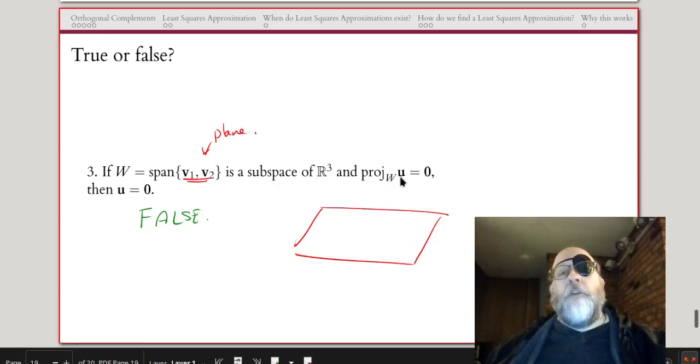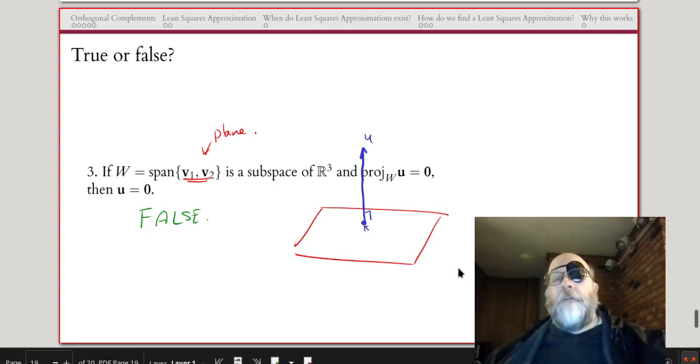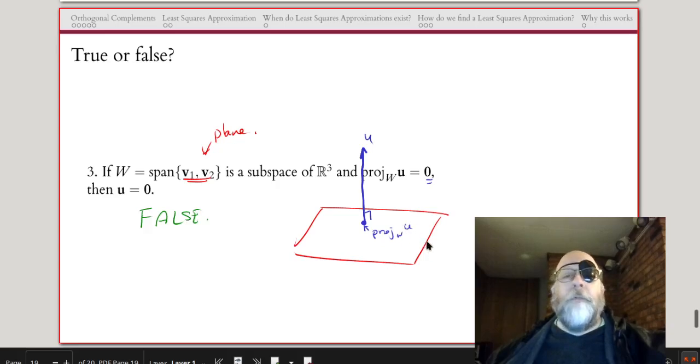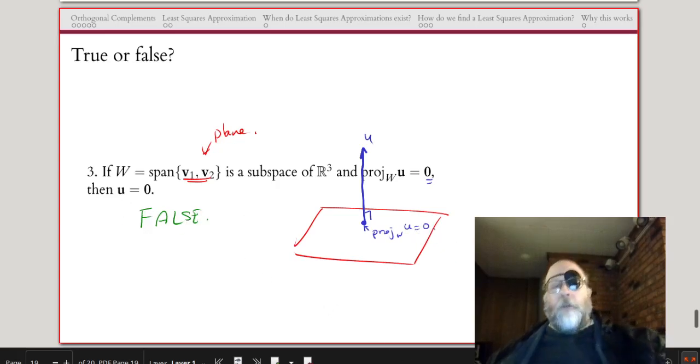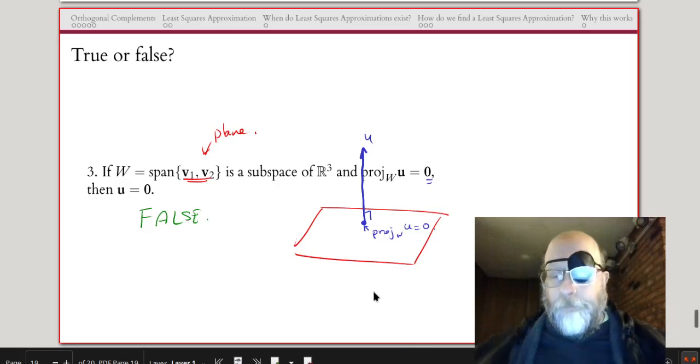And my vector U could be exactly perpendicular to the plane, so that when I project it down onto the plane, I just get a single point that has no length, and that would be the zero vector. And so that is the projection of U onto W. So U may not equal the zero vector. This is false.